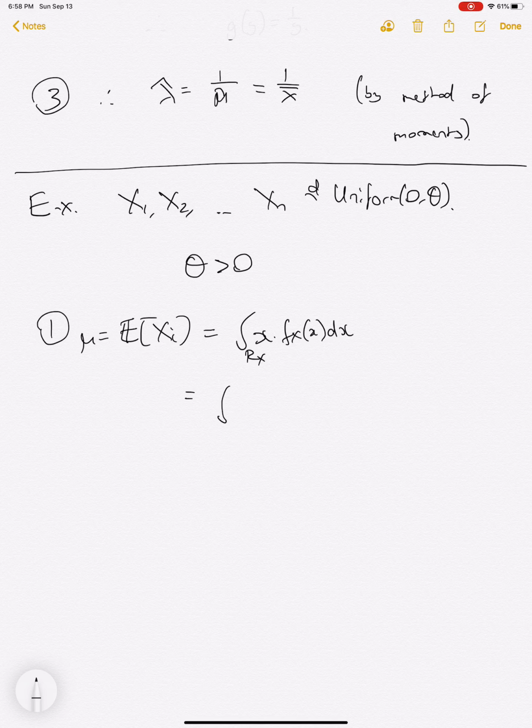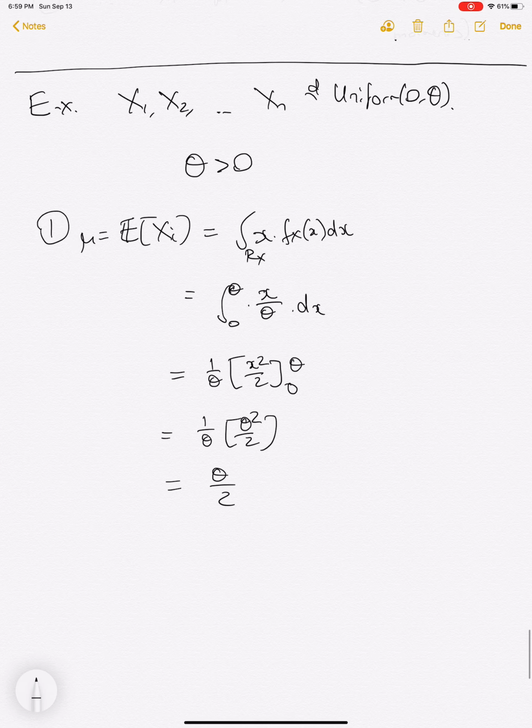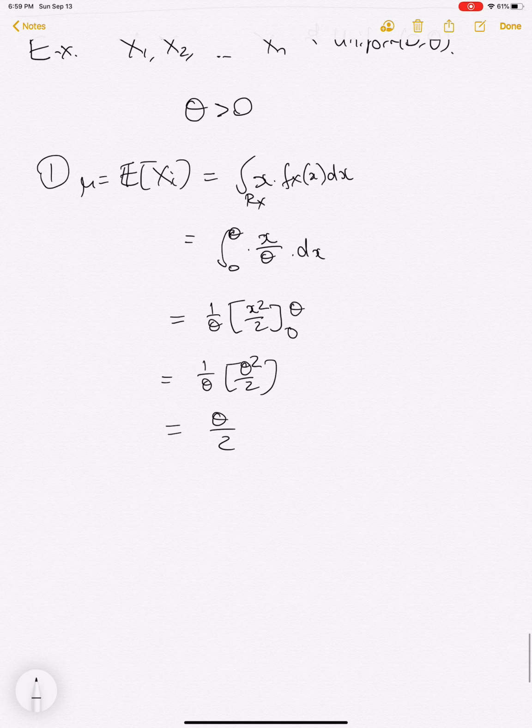The range here, because it's uniform 0 theta, is 0 to theta, and the PDF is just 1 over theta. And so this is just theta over 2, which is just the midpoint, which makes intuitive sense. So therefore mu equals theta over 2.